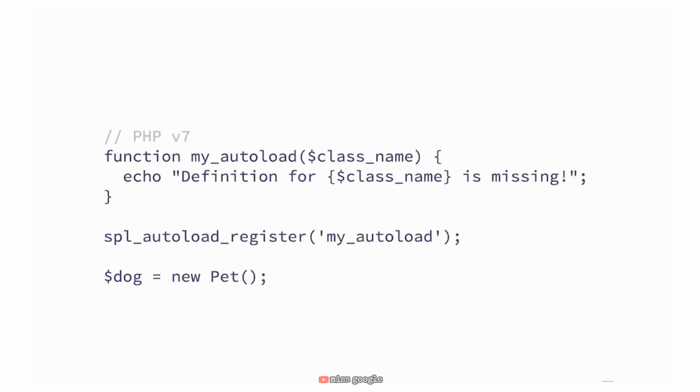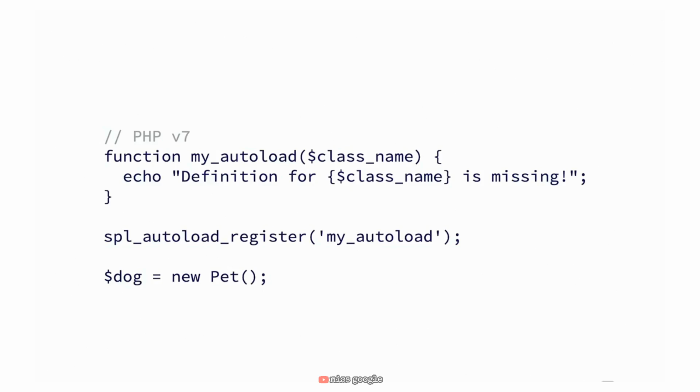The solution is that we write a function that we want to call for autoloading, and then we register that with PHP. It basically creates a queue of different autoloads. So it can try to load my autoload, and if I have 4 libraries of code that are all using autoload, they all have the opportunity to provide a path to look for the file as well. And they can all live harmoniously.